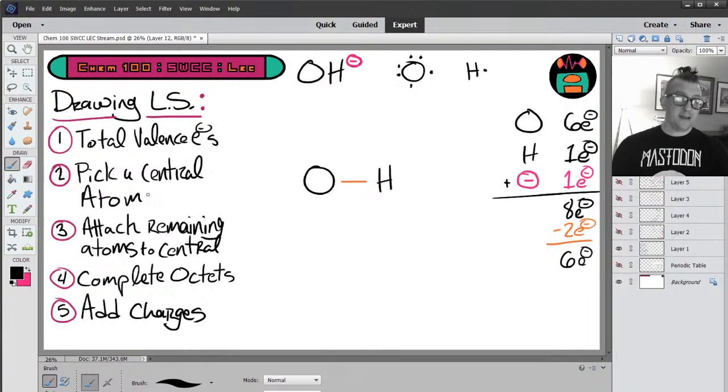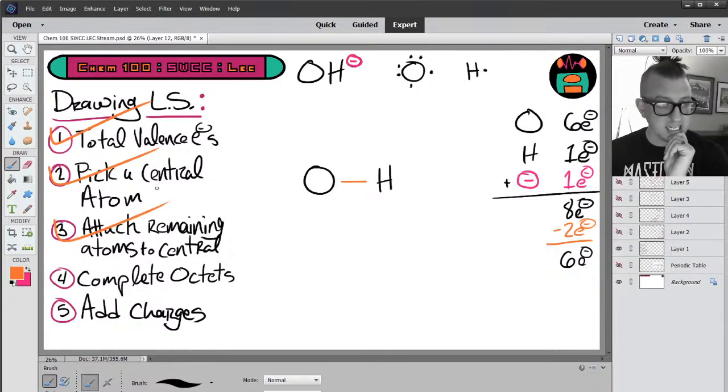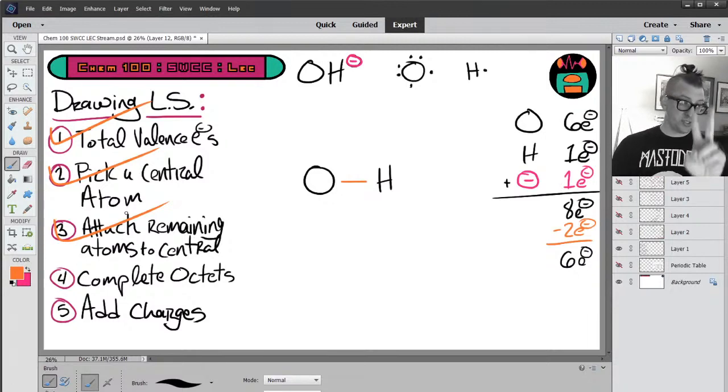All right, now let's look at where we are. We have totaled our electrons. We've got a central. We've attached the remaining. Now we have to complete the octets. Hydrogen's totally happy. Hydrogen only ever wants access to 2 electrons. It wants to be like helium. Oxygen, on the other hand, needs 8, right?